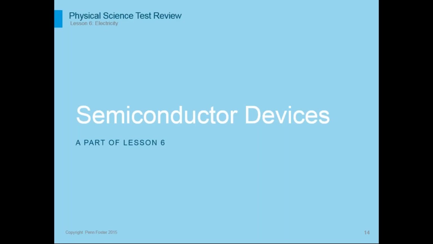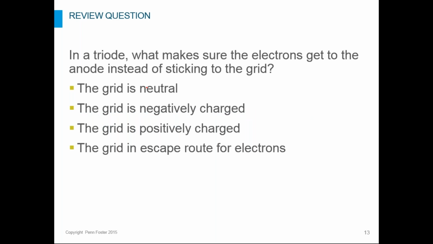And the answer for that one is that the grid is negatively charged. If it was positively charged, then the electrons, which are negative, would encounter that positive charge and get pulled toward it. So positive is no good. Neutral isn't very helpful either.